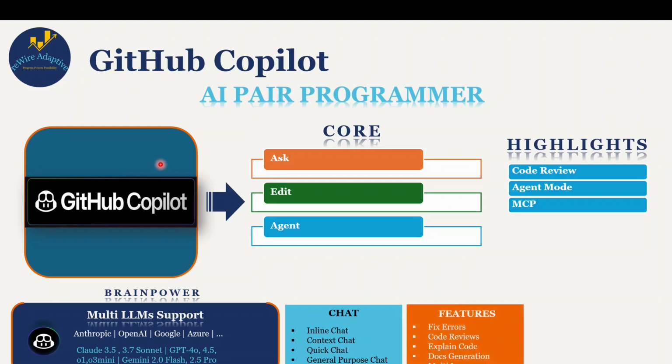and then again, what are the core features? One is you can use this particular Copilot for fixing the errors, and you can do code reviews, and you can ask this particular AI to, hey, explain this particular statement, like that. And then documentation generation for a particular method or a particular test or anything, automatically it will generate.